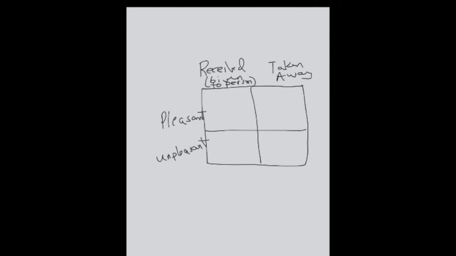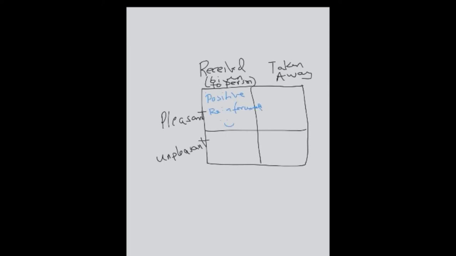If a person receives something that is pleasant, that means we're here in this box, right? And that would be a positive outcome, right? If you get something that you want, that's something that is pleasant for you or desired by you. So we're going to call that positive reinforcement. Now let's go through these terms a little bit.